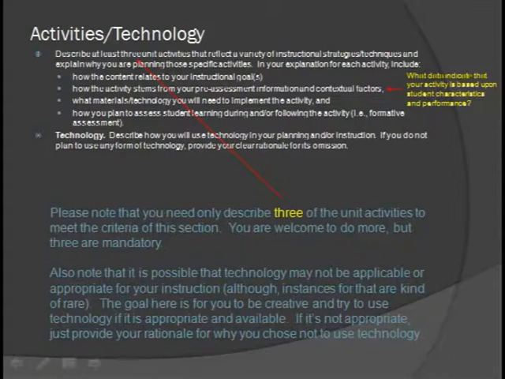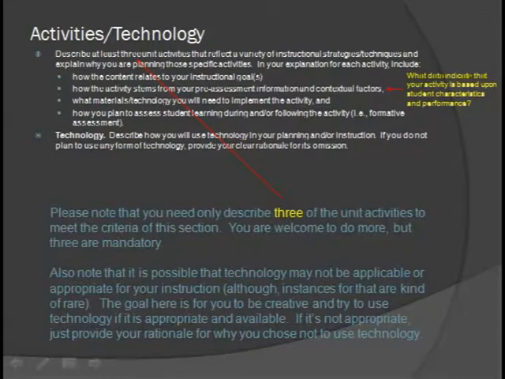You will be required to do 3. You are not required to do more than 3, but the 3 that you choose need to meet the criteria that are listed below when you describe them. So do think in terms of which ones of these are going to clearly show the content and how it relates to the instructional goals.